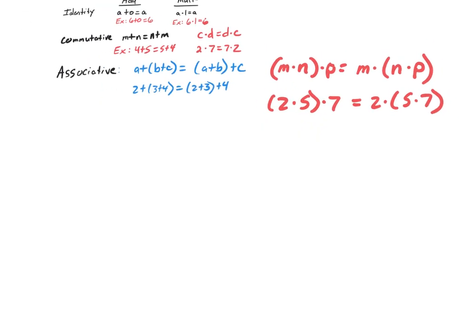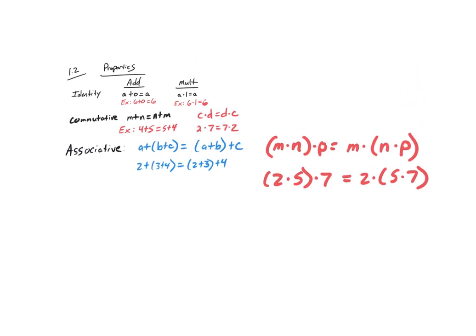Okay, so those are the ones that have both. The identity, the commutative, and the associative have both addition and multiplication. I'm going to show you some other properties here that only work for one of the operations. Okay, or in the name, it's talking about add or multiply.